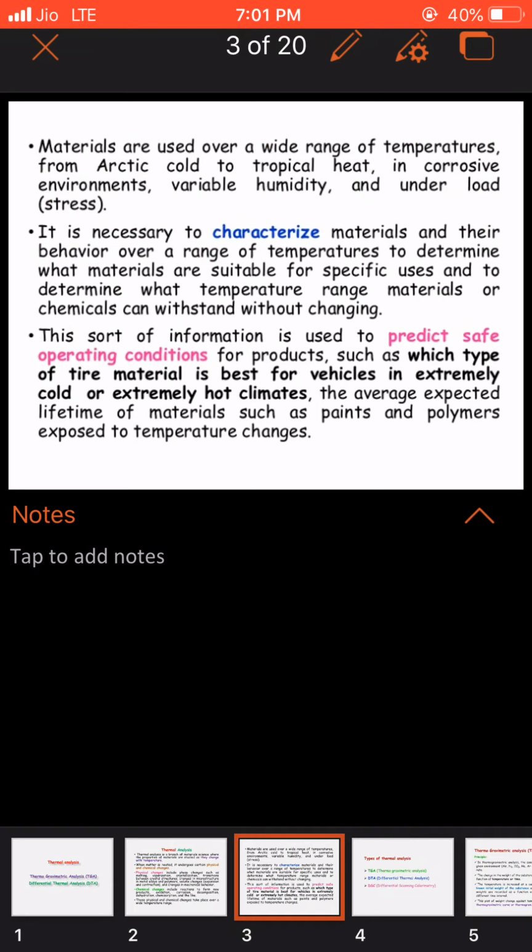So you see, on our earth, we have different regions where temperature is not constant. Based on the location of the region, temperatures vary. That is why we need to study materials and their behavior under temperature change. For example, tomorrow you set up a company. May not be possible tomorrow because of this COVID.